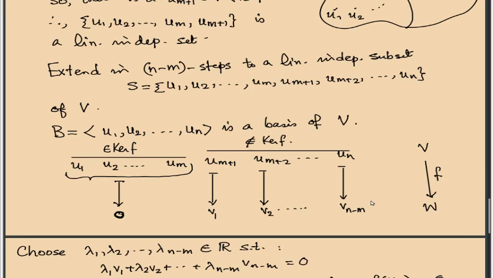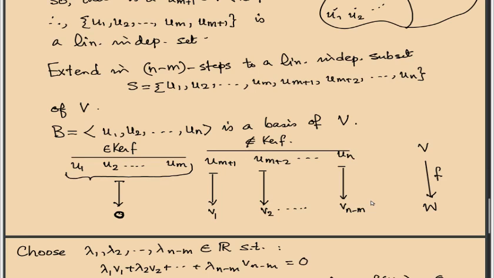Therefore, the image of f is also a finite dimensional vector space. I don't know about W, but the moment the domain is a finite dimensional vector space, its image is also finite dimensional.